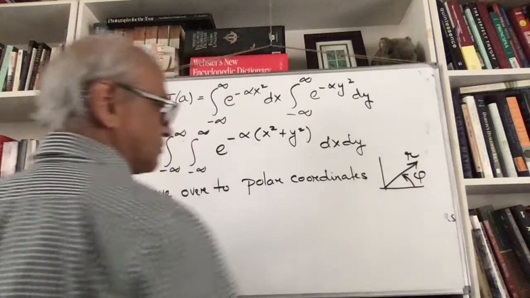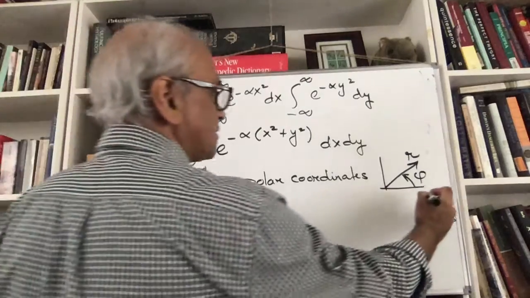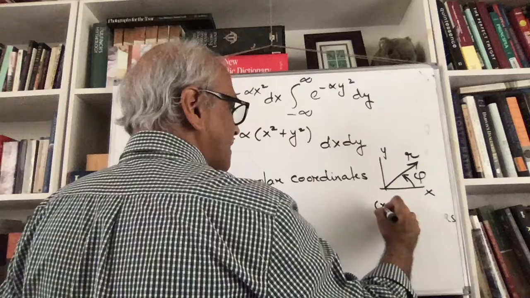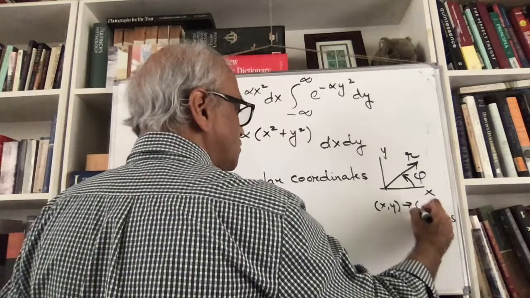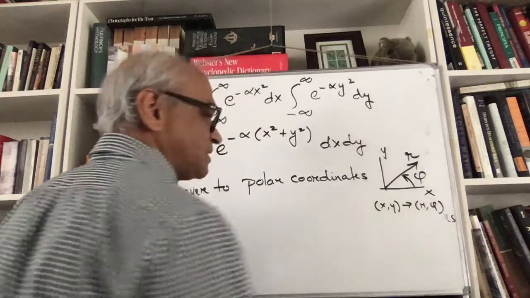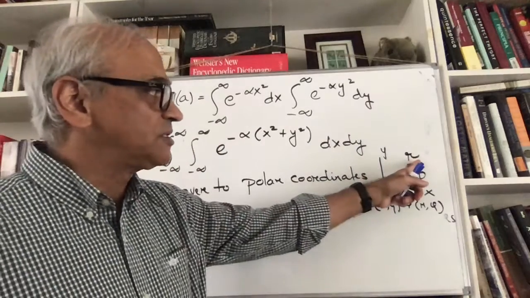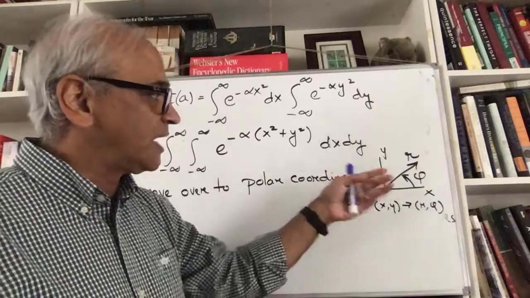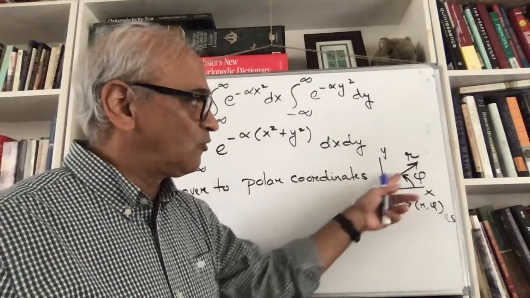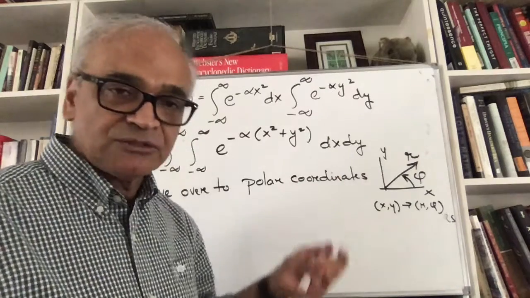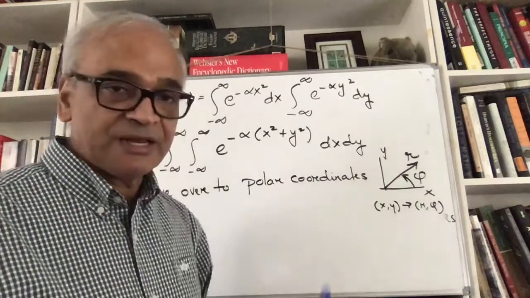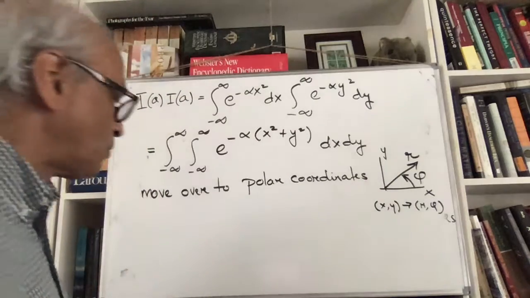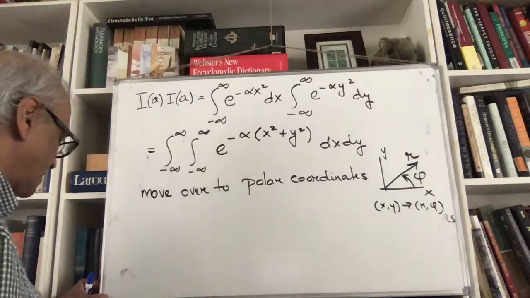For every x and y point, I can move it over to an r and phi point, right? If there's a point here, it's 10 meters in x, maybe 9 meters in y, I can make it over here, maybe about 11 or 12 meters, and then I have an angle which would be 30 degrees, 20 degrees, whatever it is. So I can move over from one coordinate system to another one.